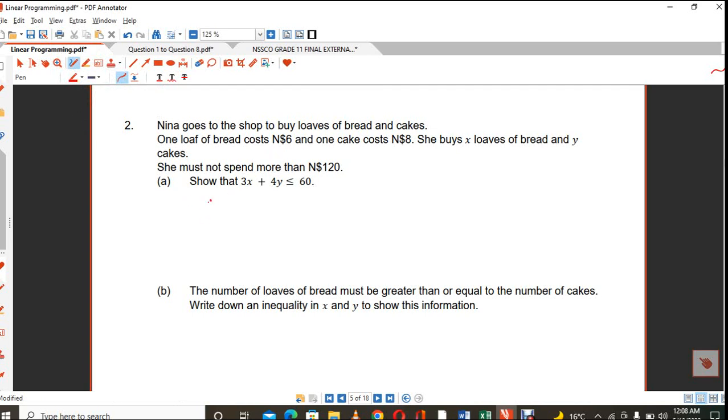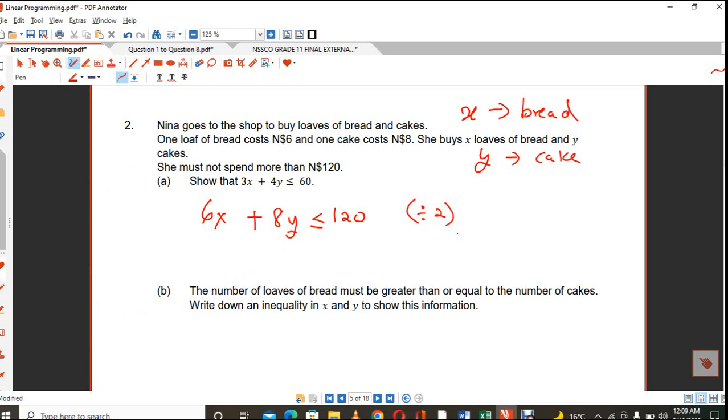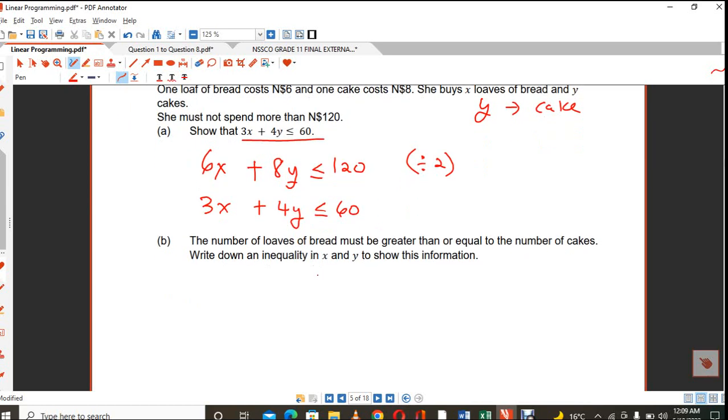The bread is 6x because x goes for the bread and obviously y goes for the cake. And how much does a cake cost? It's 8y, and she has only 120 that she must spend. So you divide that by 2. Half of 6 is 3x, half of 8 is 4y, and half of that is 60. So that is what we are supposed to show.